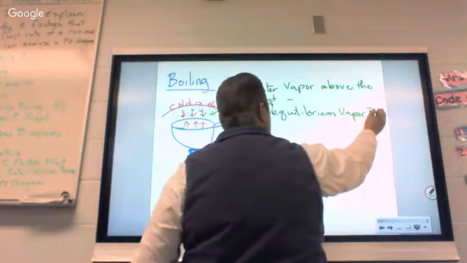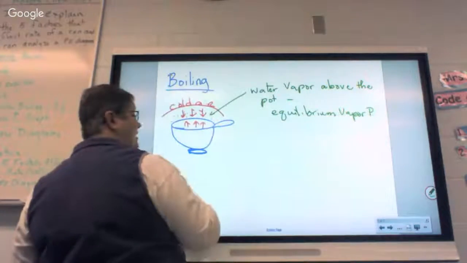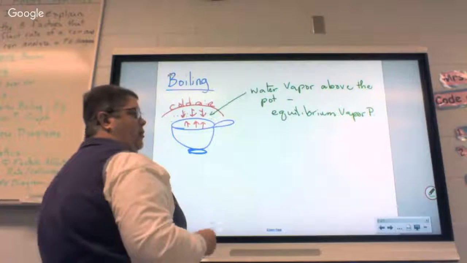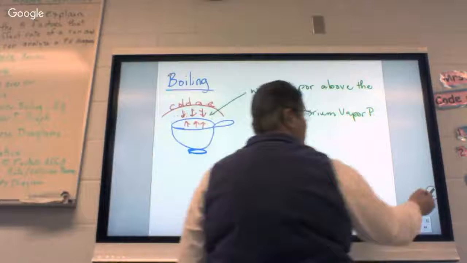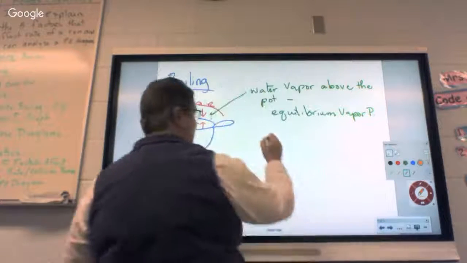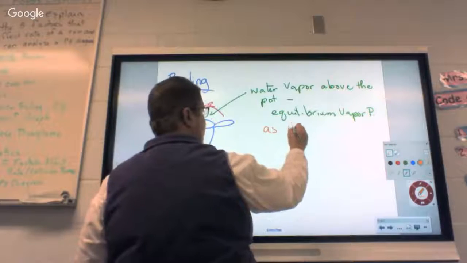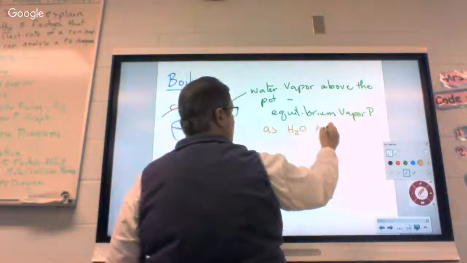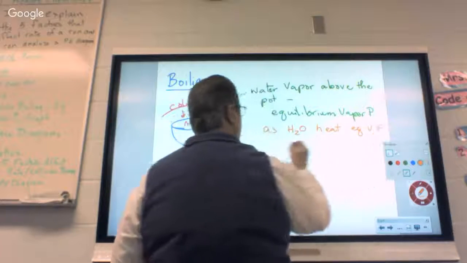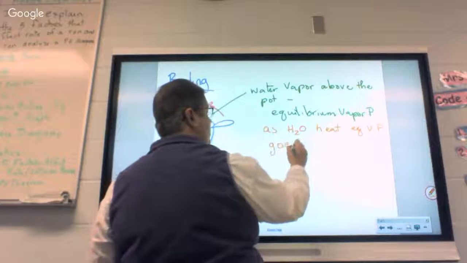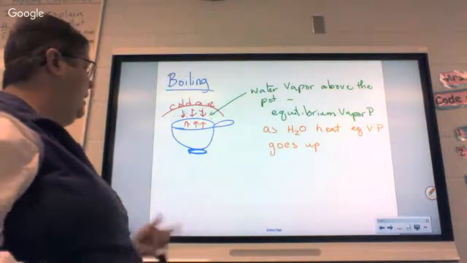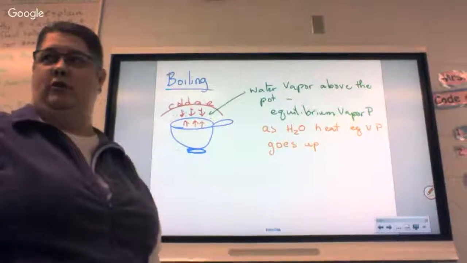All right, now, when this continues to heat, what happens to that equilibrium vapor pressure? Does that pressure go up, down, or what? That's right. So as the water heats, the equilibrium vapor pressure goes up. Okay? As that water heats, the vapor pressure goes up.